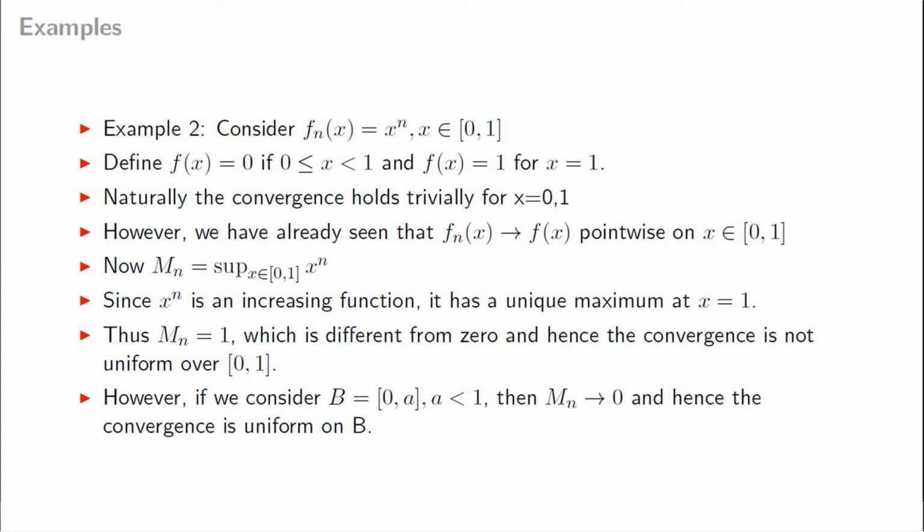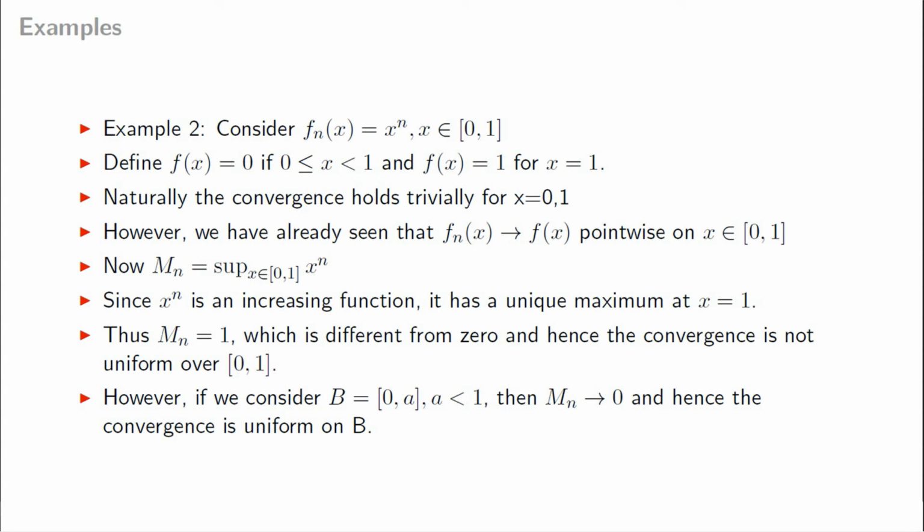Now M_n is defined as the supremum value of x to the power n for x in the closed interval [0, 1]. Since x to the power n is an increasing function, it has a unique maximum at x equal to 1, thus M_n equals 1, which is different from 0, and hence the convergence is not uniform over the whole closed interval [0, 1].